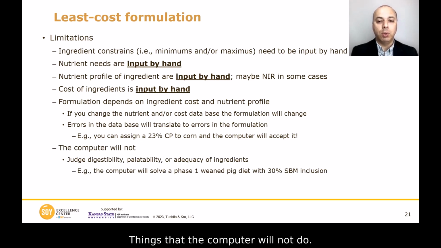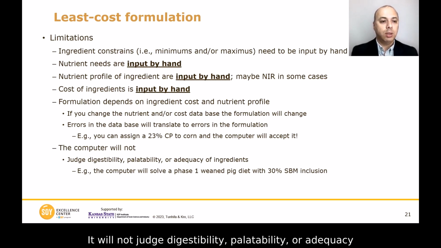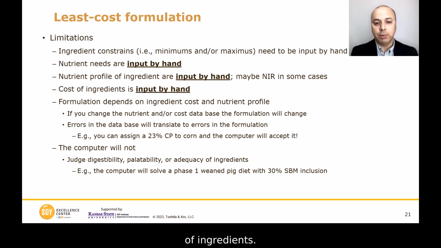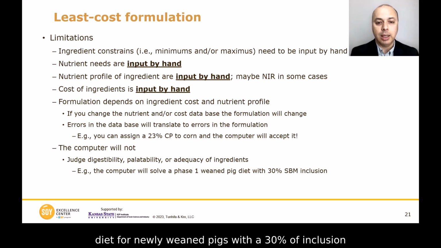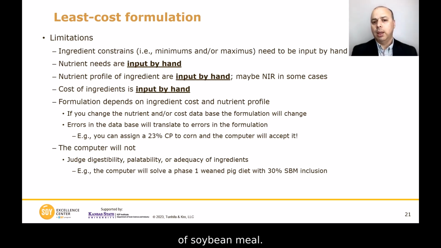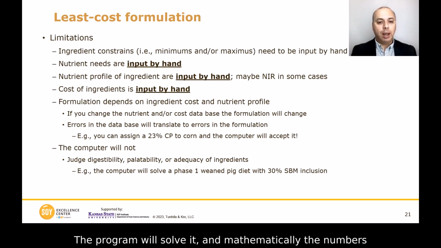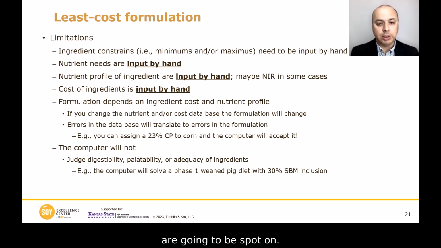Things that the computer will not do. It will not judge digestibility, palatability, or adequacy of ingredients. Again, I can talk about here making a phase 1 diet for newly weaned pigs with a 30% inclusion of soybean meal. The program will solve it, and mathematically the numbers are going to be spot on.